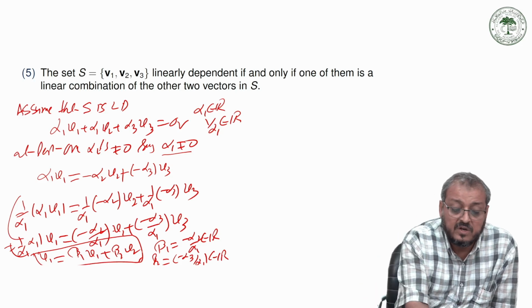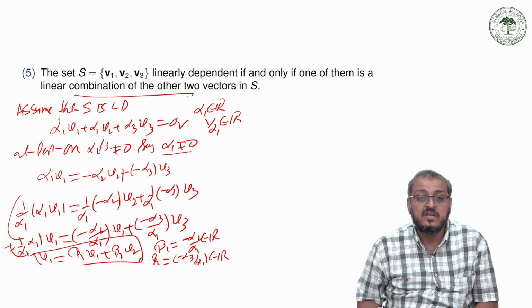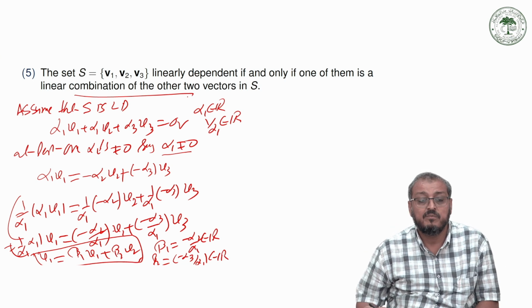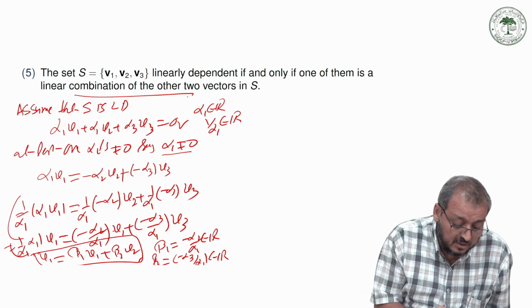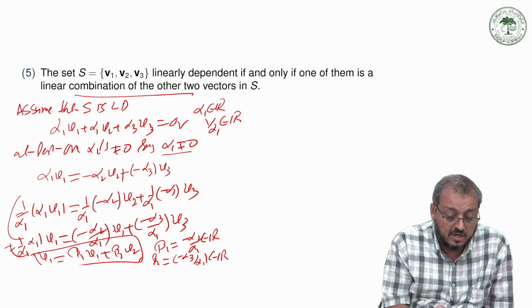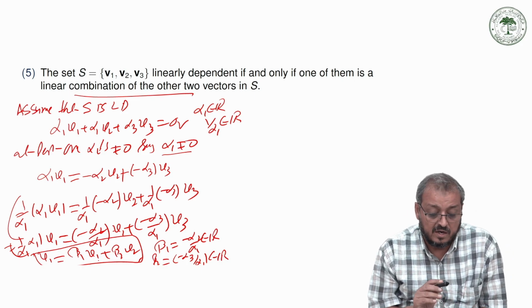That means if 3 vectors are linearly dependent, then one of the vectors can be written as a linear combination of the other two vectors. Conversely, if V1 can be written as a linear combination of these two vectors, then these 3 vectors are linearly dependent.